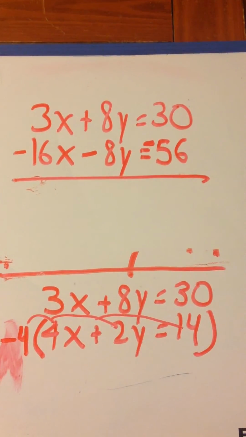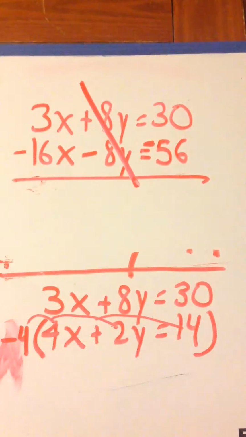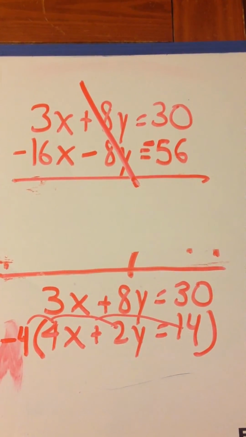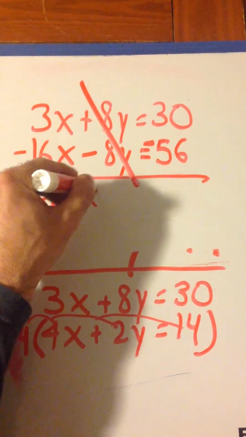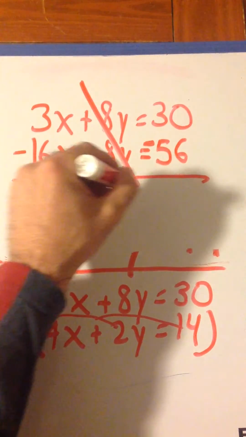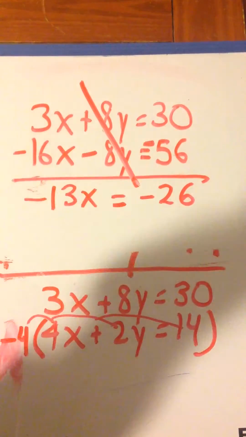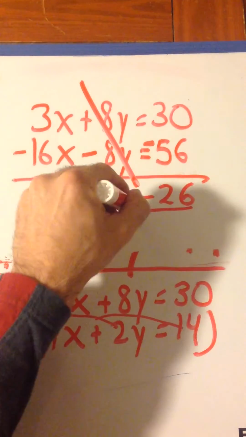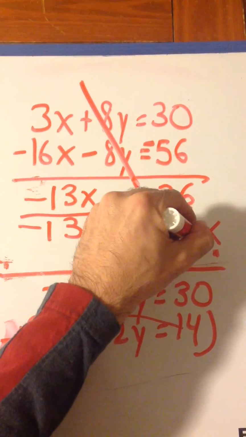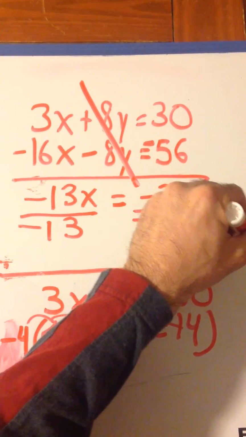Okay, so now you can see we can eliminate the 8y. It's gone. And now we're left with negative 13x equals negative 26. Just divide on both sides. And x is going to equal 2.